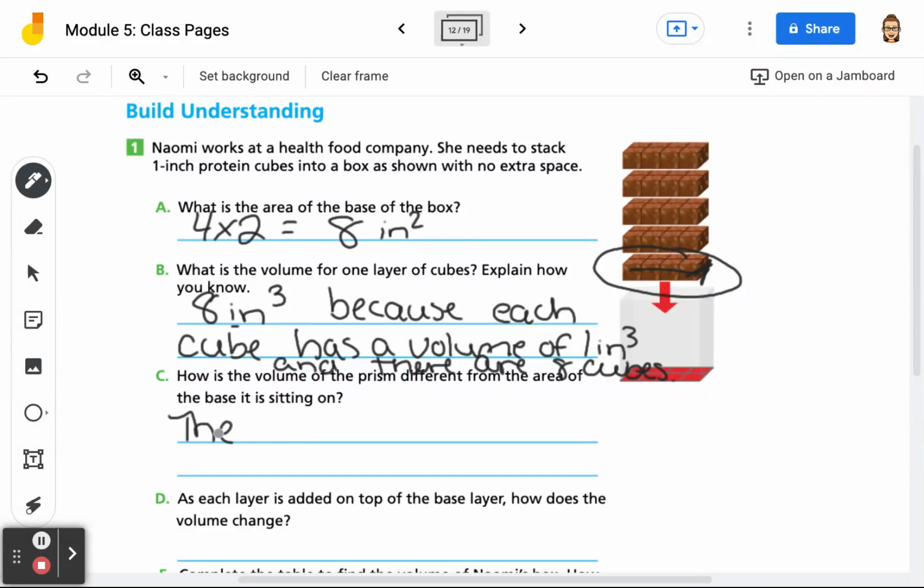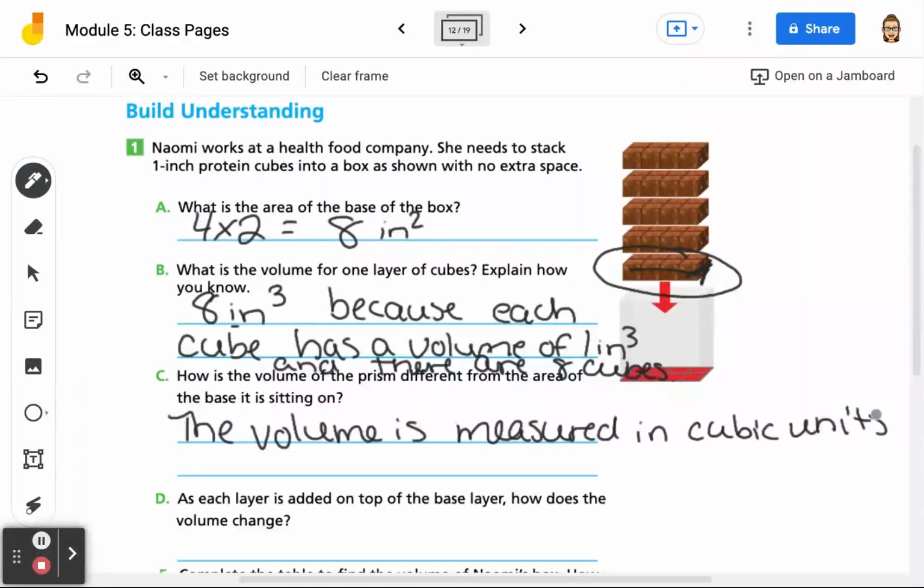The volume is measured in cubic units, and the area is measured in square units.